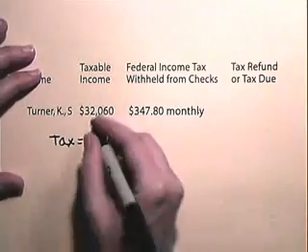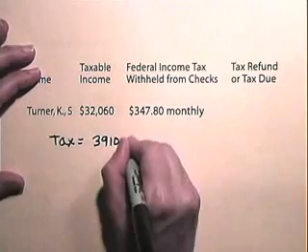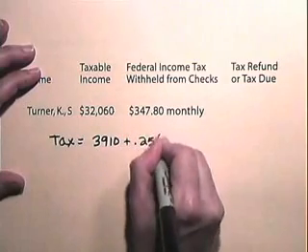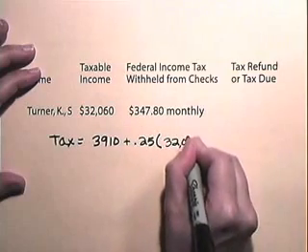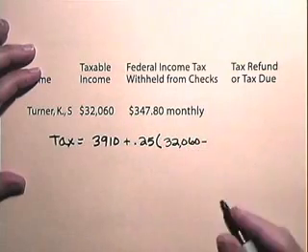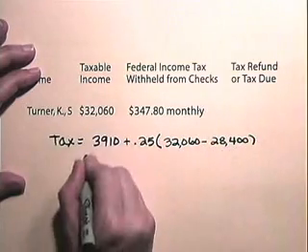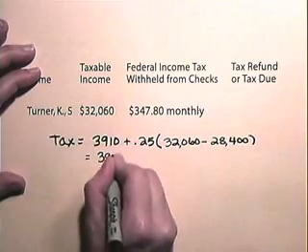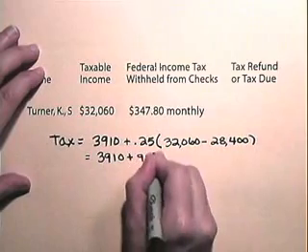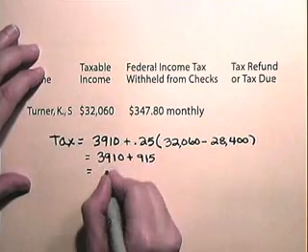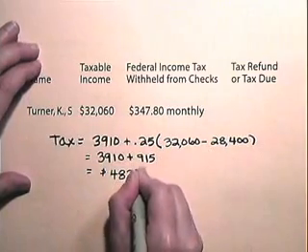So the tax is $3,910 plus 25% of the amount, which is $32,060, over $28,400. This tax turns out to be $3,910 plus this value is $915. So the tax he owes the federal government is $4,825.